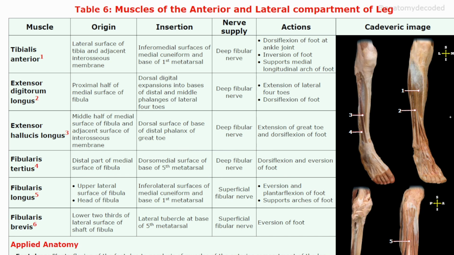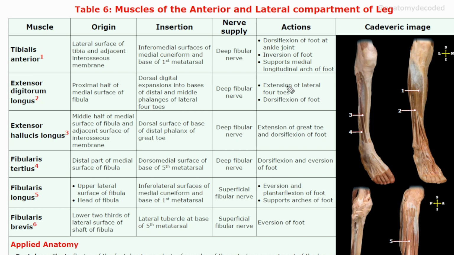Let's try to identify these muscles here. Tibialis anterior we had identified. Then number 2 is extensor digitorum longus, going to the lateral four toes. Number 3 is extensor hallucis longus, going to the great toe. Number 4 is fibularis tertius.